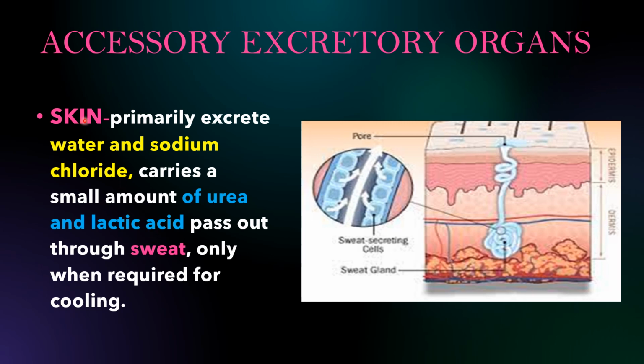Skin secretes sweat through the sweat glands. In that sweat, all these waste materials will be there: urea, lactic acid, sodium chloride, water, etc. These waste materials are excreted through the sweat. That's why skin comes under accessory excretory organs.